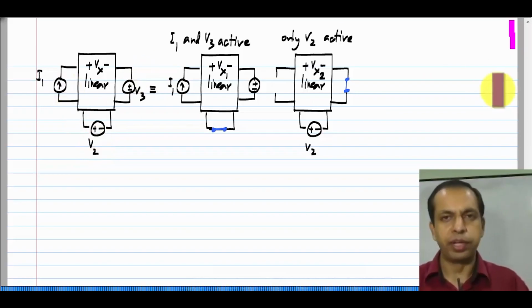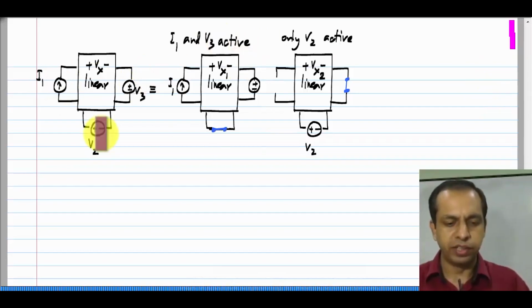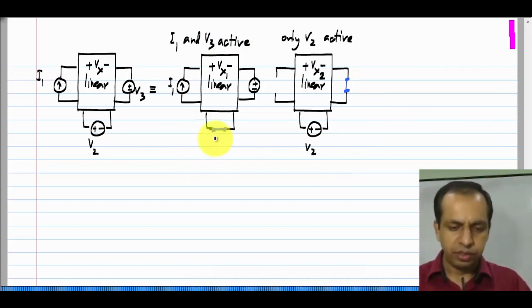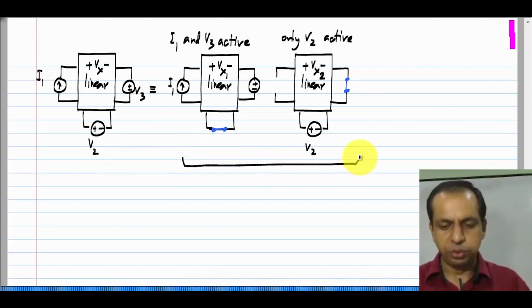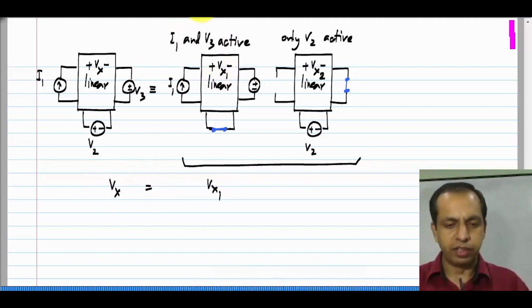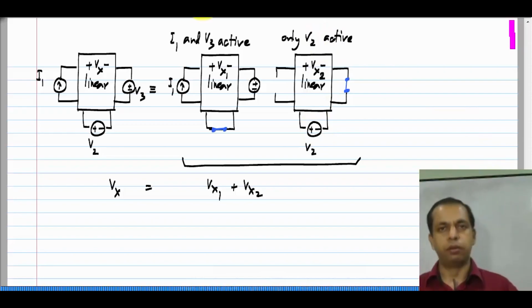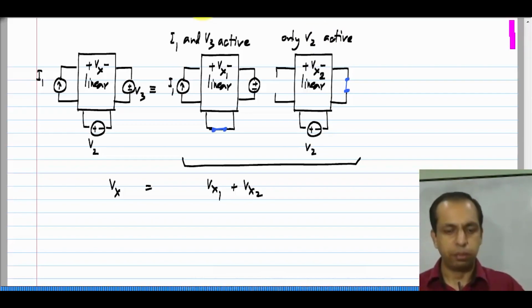I should not be double counting any of them either. So, here I1 and V3 are considered in this case and V2 is considered in that case. So, this is fine. I could superpose just these 2 cases, and Vx will be equal to Vx1 obtained when I1 and V3 are active, plus Vx2 which is obtained when V2 is active. That is all I wanted to extend the previous case to.